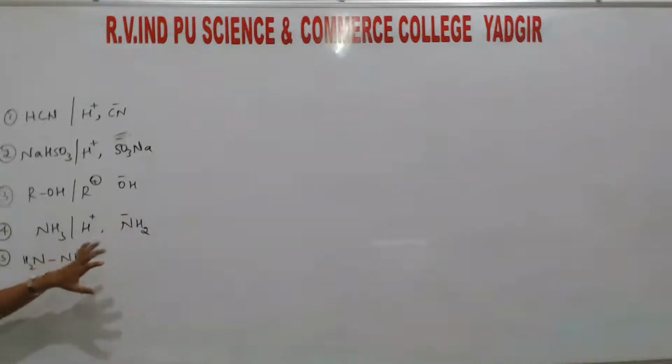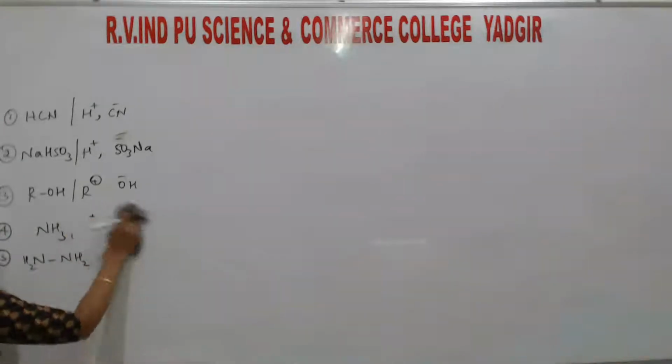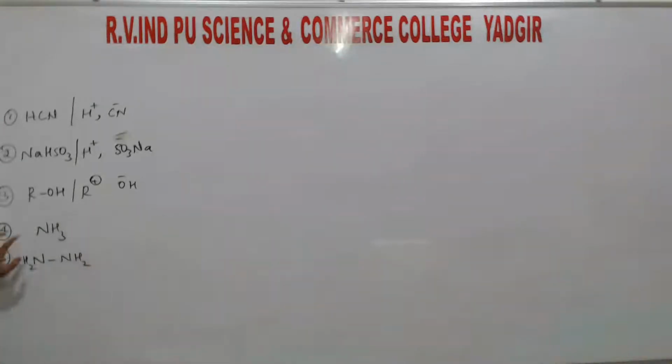Remember, these reagents I write now, and these reactions I will write later. The sixth one is NH2R. The seventh one is NH2OH.